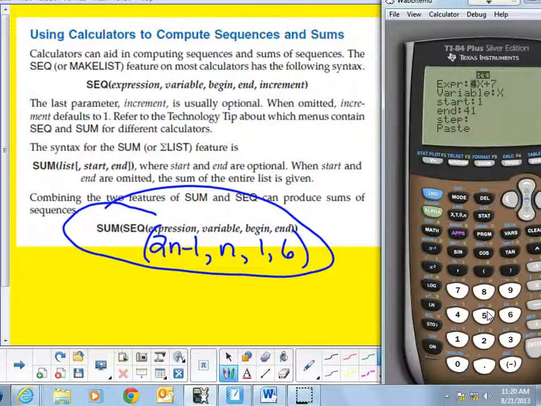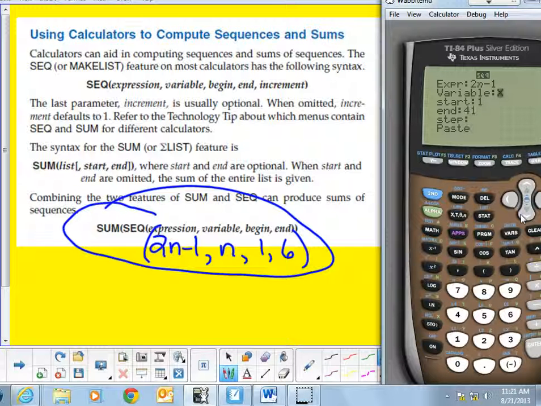Now my mode, I get this. You guys, on the other hand, just get the word sequence on your home screen, right? Okay, I'm going to put in 2n minus 1 or X. It doesn't matter what variable, it doesn't matter what mode you're in, it will do it either way. I'm going to arrow down. Instead of arrowing down, you guys are all going to type a what?